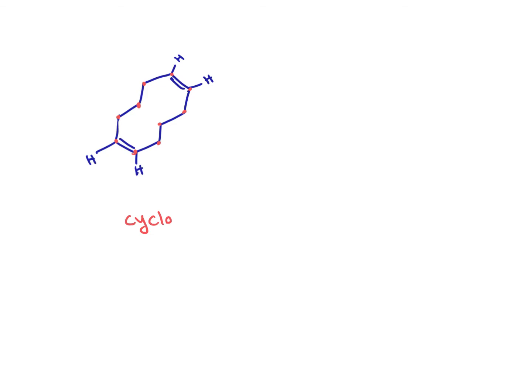Cyclo. It should be decane if all the bonds were single bonds, cyclodecane, right? But we have a double bond. If it was only one double bond, it would be decene, right?